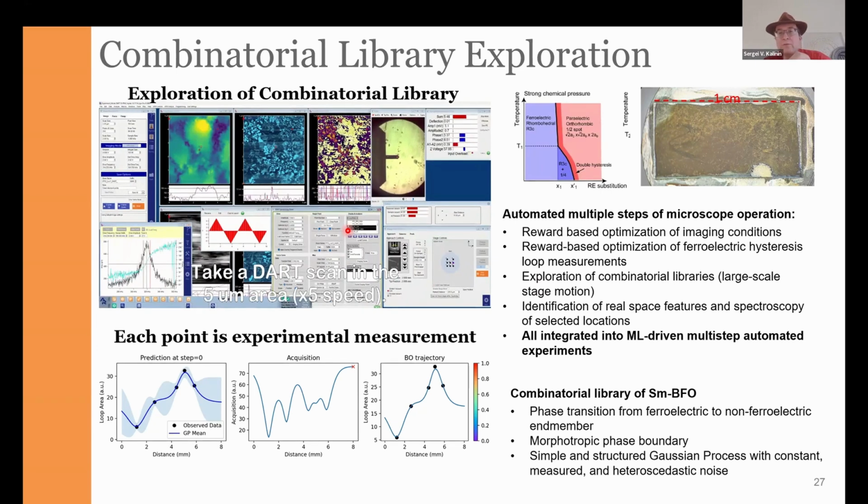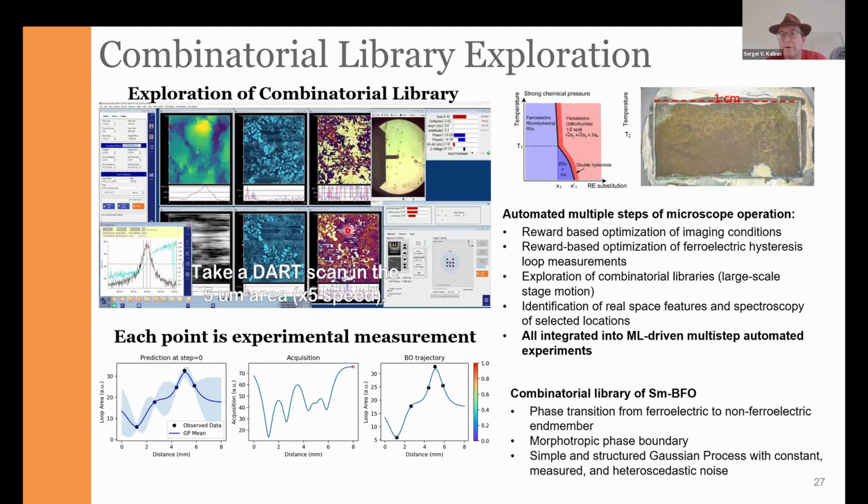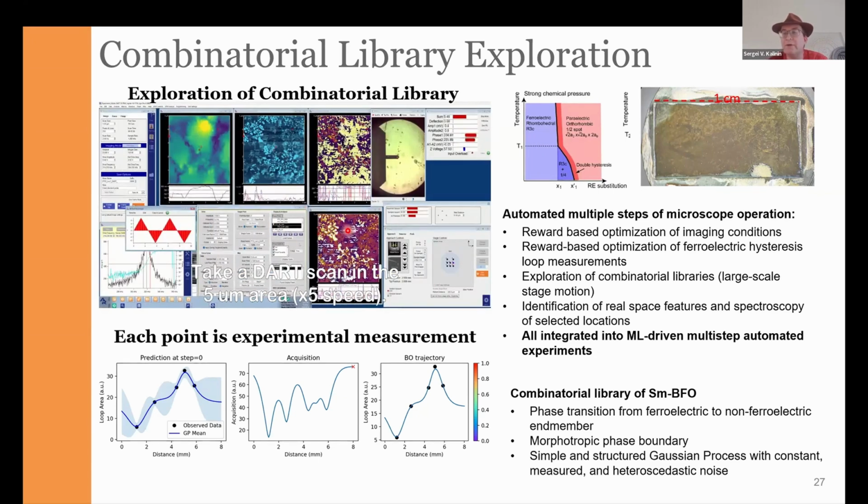But we can do it very well for properties such as ferroelectricity, photovoltaics, meaning that we can use it for ferroelectric material discovery or photovoltaic material discovery. And this is the library of the bismuth ferrite. So the concentration gradient brings us from ferroelectric phase all the way to the orthorhombic phase through the morphotropic phase boundary.